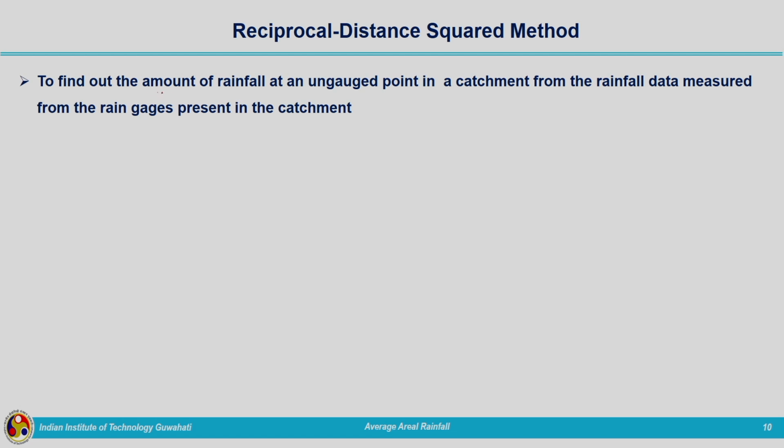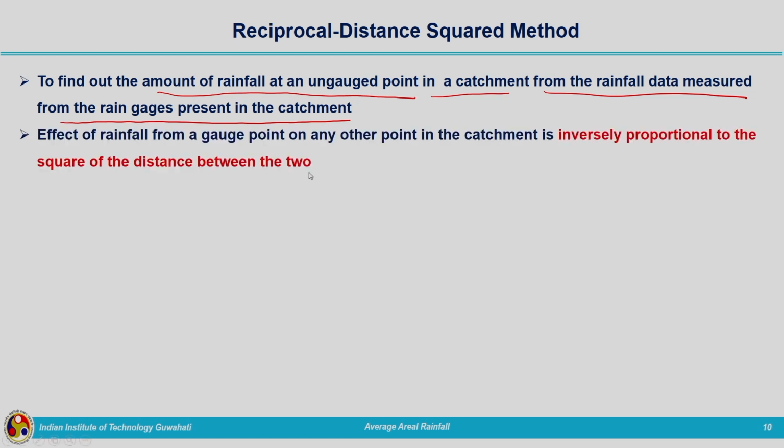That is, to find out the amount of rainfall at an ungauged point in a catchment from the rainfall data measured from the rain gauges present in the catchment. The effect of rainfall from a gauge point on any other point in the catchment is inversely proportional to the square of the distance between the two.